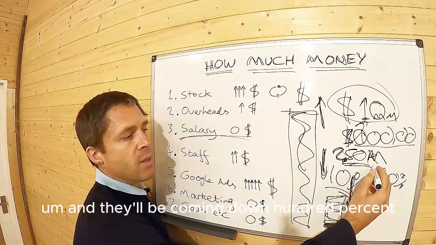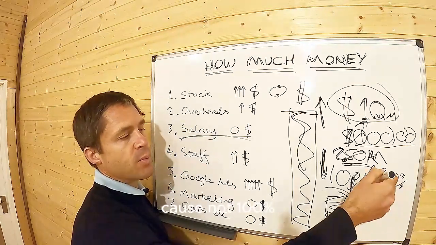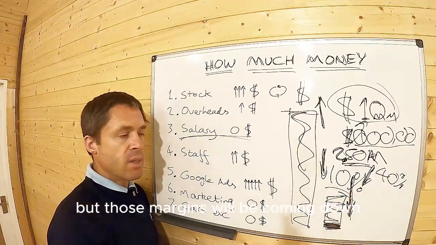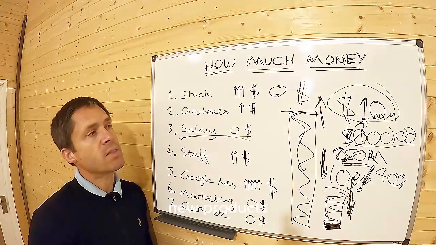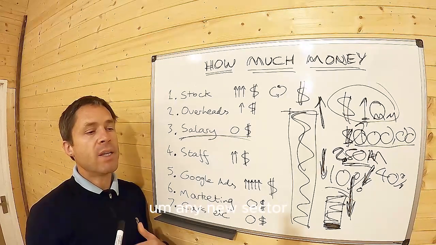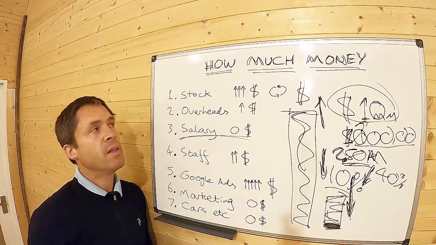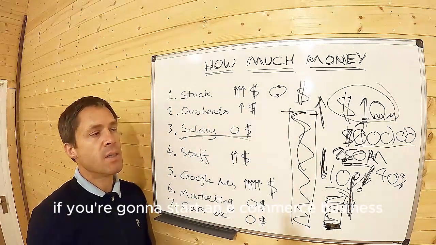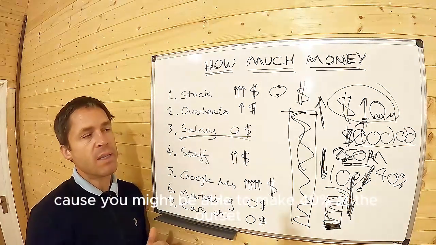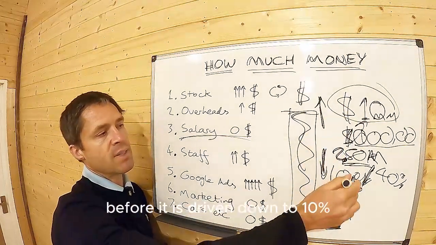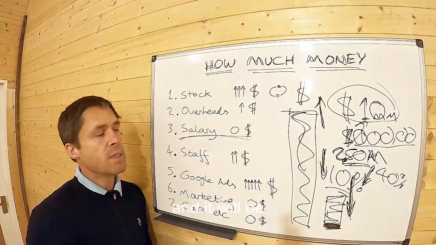And those margins will be coming down. I know the drone industry did well, because again, new products. Any new sector, if you're going to start an e-commerce business, that's the one to get into, because you might be able to make 40% at the outset before it is driven down to 10%, and it will be.